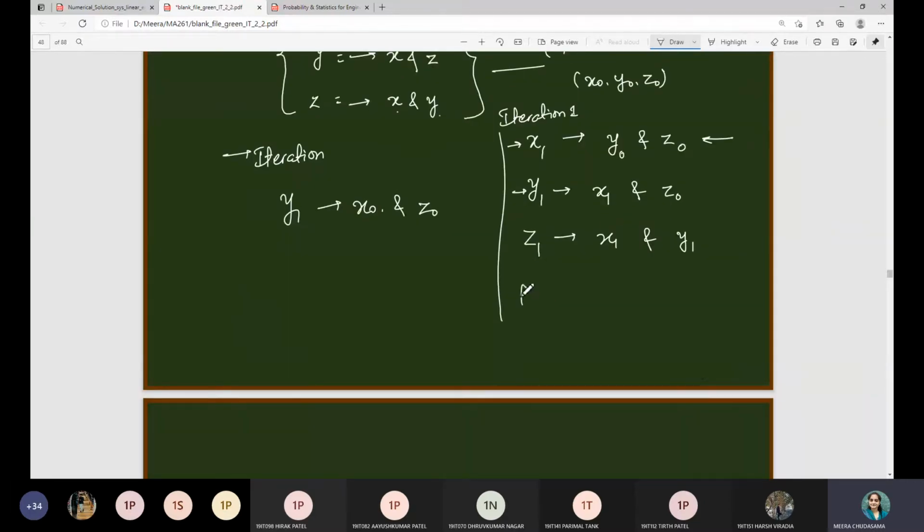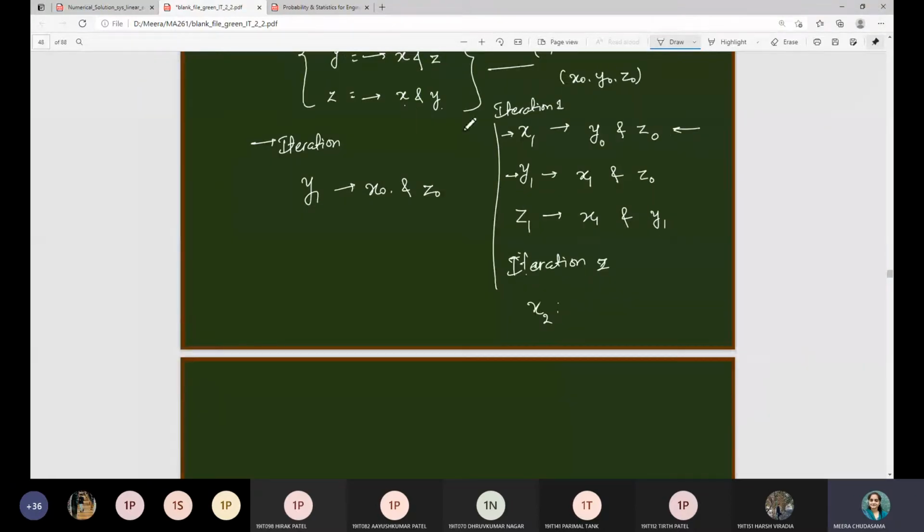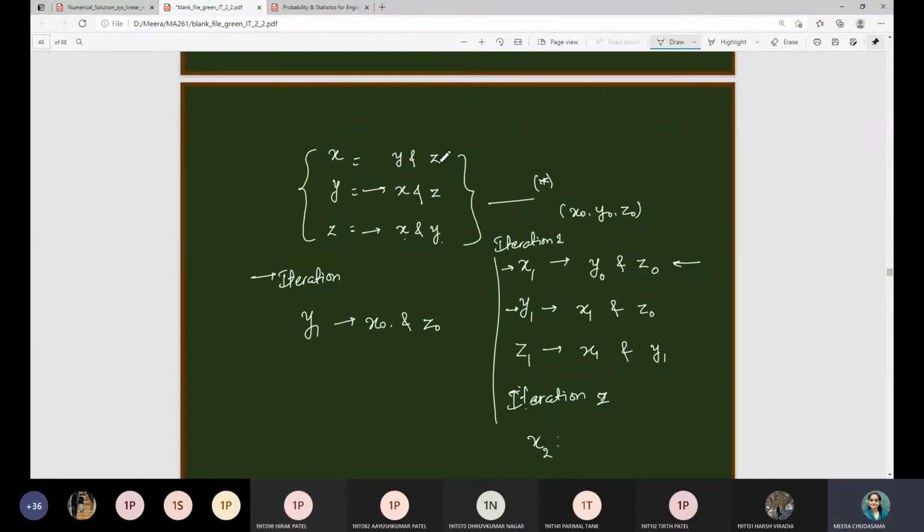Similarly, when you consider the second iteration, when you compute the new approximation x2, you have to substitute y and z with their newly approximated values. Newly approximated means in this case y1, as well as z1 from the previous step.